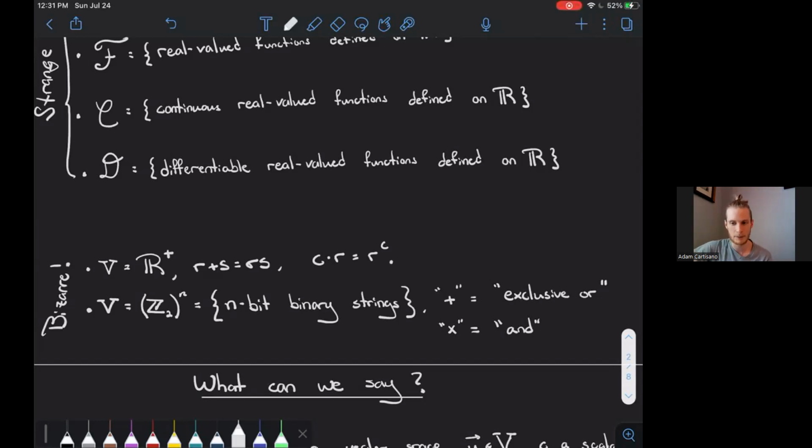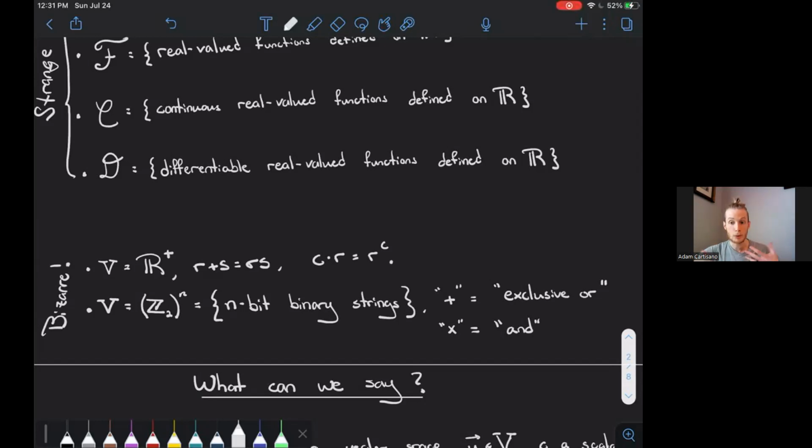Okay, and now let me tell you my favorite bizarre example. The set of vectors is the set of positive real numbers. Okay, that's the set of vectors. So any number that is not 0 or less, anything that's strictly greater than 0.